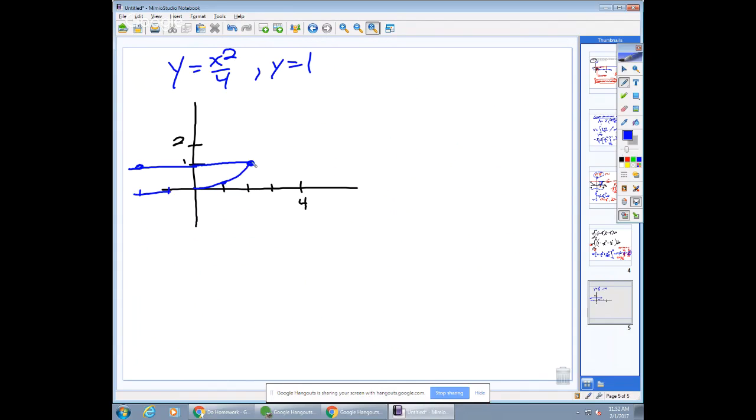So here's our parabola, and we're taking that area, and this time we're going to spin it about the line y equals 2. And again, this line right here is y equals 1. And that guy right there is x squared over 4.